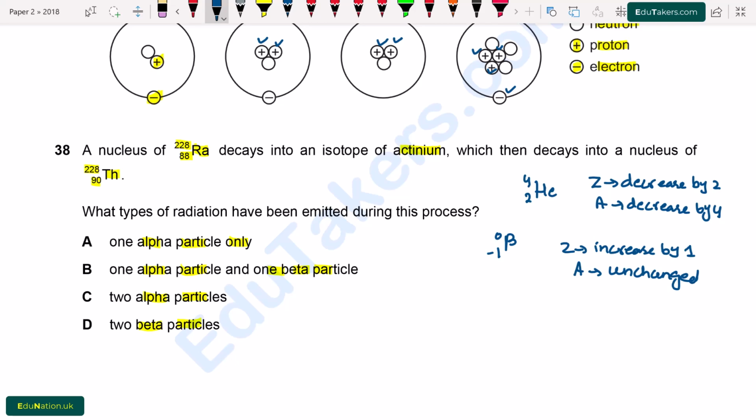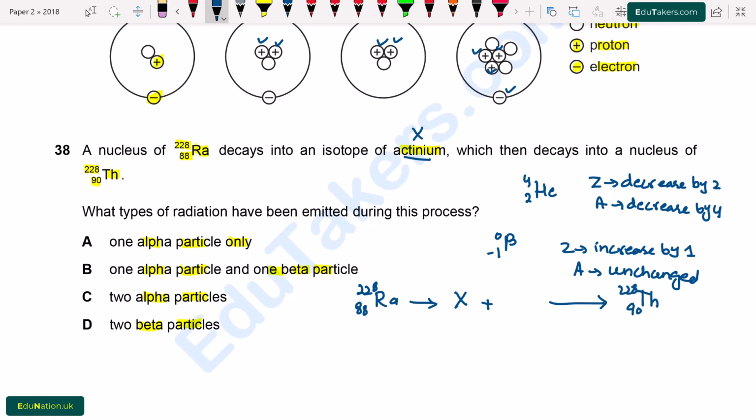So first of all, here Ra, 88 and 228 given, it changes into another element which is actinium. I suppose that this is X, so I write here X plus. Then it further changes into Th, and the atomic number of Th is 90 and here is 228.